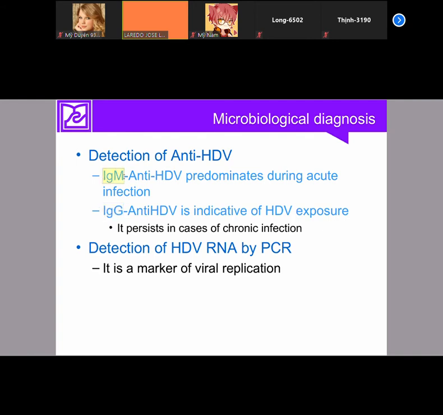IgM is the first antibody that appears, so IgM is very useful in the diagnosis of acute infections. IgG appears later. And detection of RNA, the nucleic acid, by PCR. So we have two tests for the diagnosis of hepatitis D, the same as hepatitis B: serology and PCR.